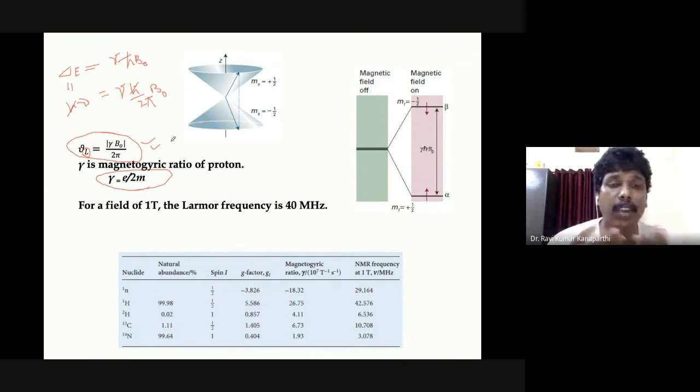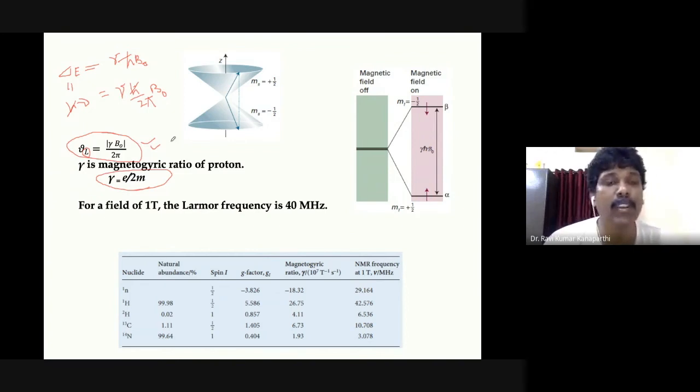Let's say it is a spin-half nucleus, and you are talking about protons. In proton NMR spectroscopy, we try to estimate and measure the precessional frequencies of protons located in different chemical environments of the molecule.